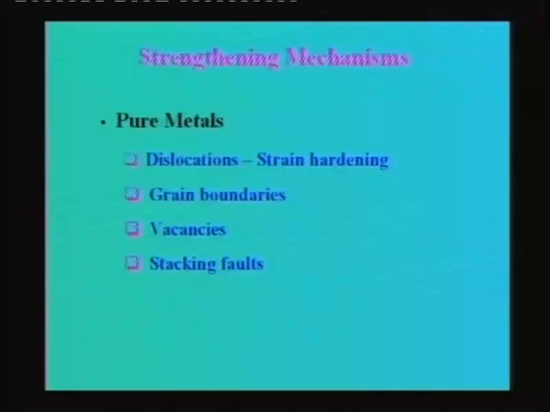So, if you look at pure metals, what are all the different strengthening mechanisms in pure metals? As you can see, first and foremost, we know there are dislocations in the material. If we can increase the number of dislocations inside the material, then dislocations themselves can act as obstacles for the other dislocations.